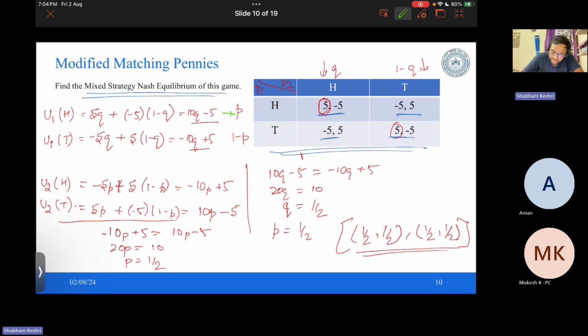When player 1 is playing head, the best response of player 2 is tail, and when player 1 is playing tails, the best response of player 2 is head. So you see, there is no combination of strategies at which the best responses intersect. So there is no pure strategy Nash equilibrium in this game, but there is a mixed strategy Nash equilibrium in this game. All right. So let us draw the graph.